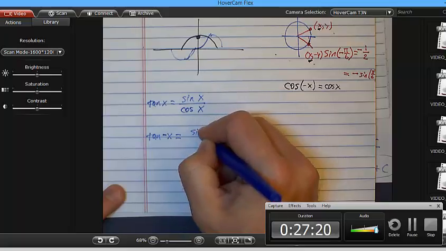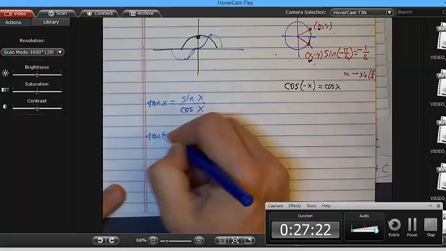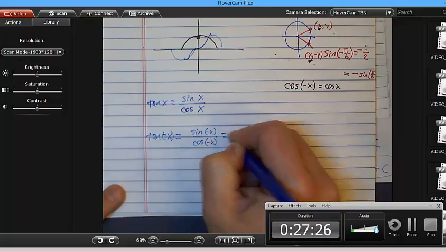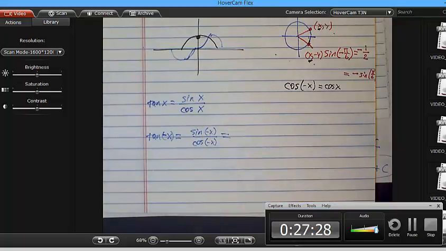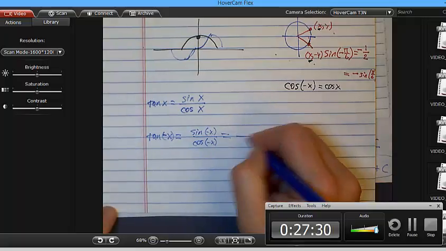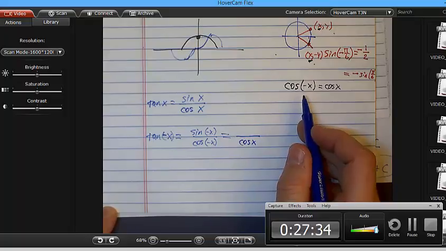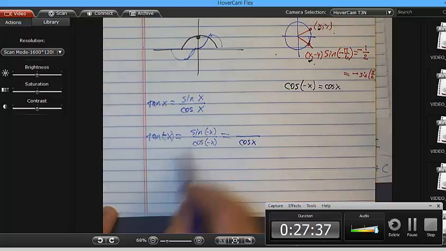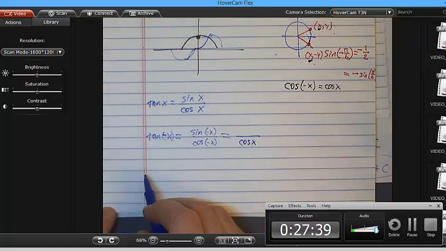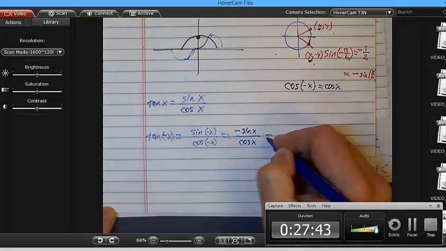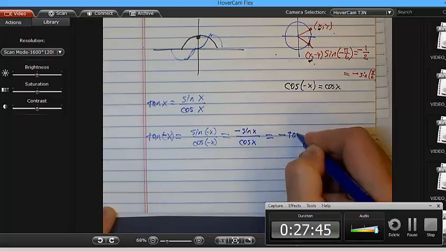Well, that's the sine of negative x over the cosine of negative x. But the cosine of negative x, that's the same as the cosine of x, because we just said that. Cosine's even. What about the sine of negative x? What's that the same as? Negative sine of x. And so this is equal to negative tangent of x.